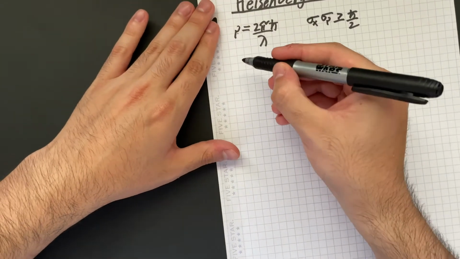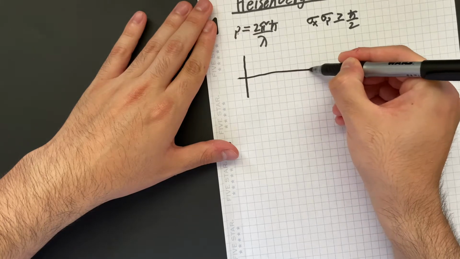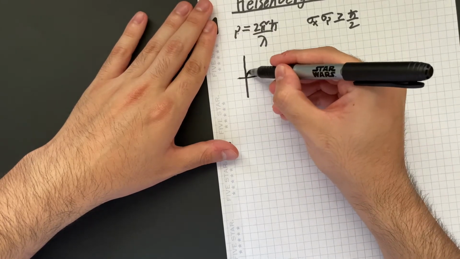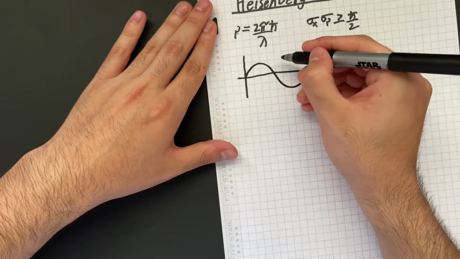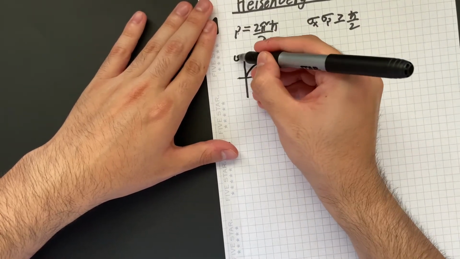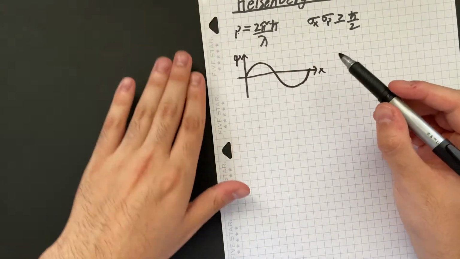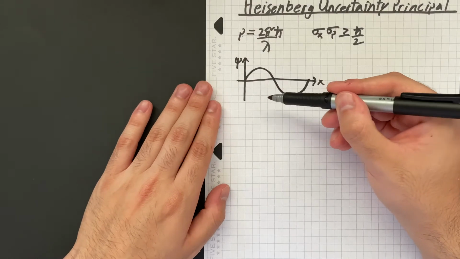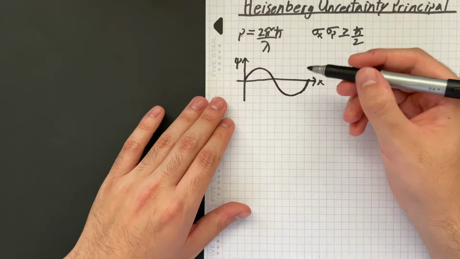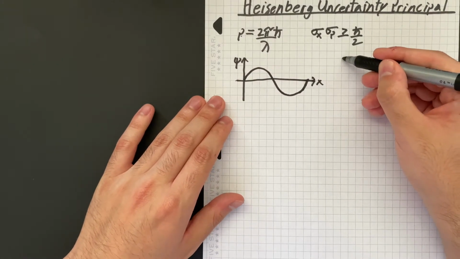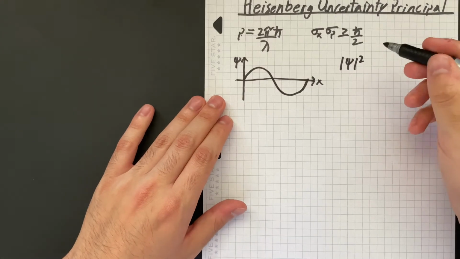So let me give an example, just like a regular sine wave. Say our wave function is just this. This is psi, and this is x. So, this is our wave function right here. Now, as you recall, our probability for the wave function is actually the modulus squared of psi.